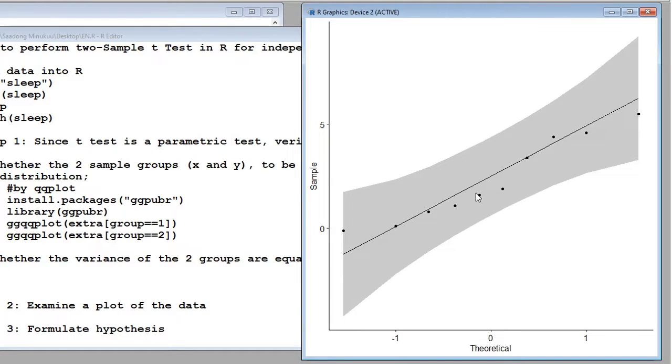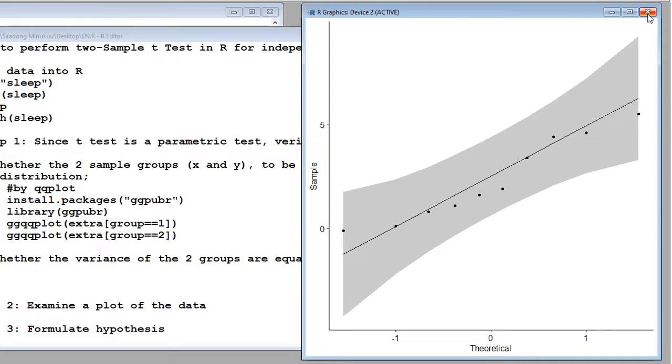But in our case, not all the individuals are directly on the line, but we can see that they are very close to the line here, and at the same time they are randomly bouncing along the line. We don't have any kind of extreme sample values. So this also suggests that the second group follows a normal distribution.